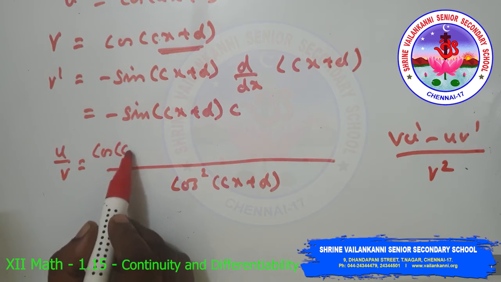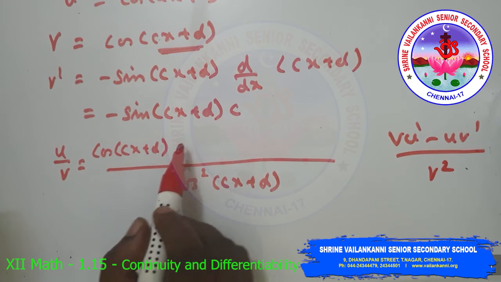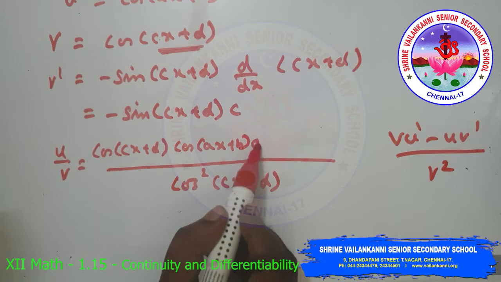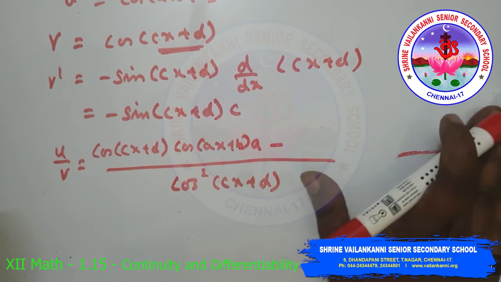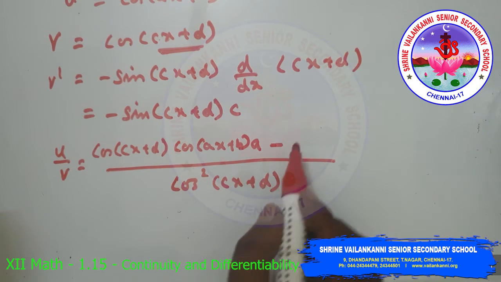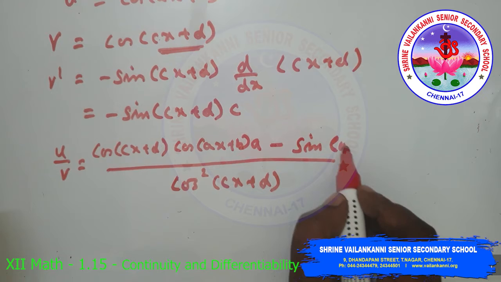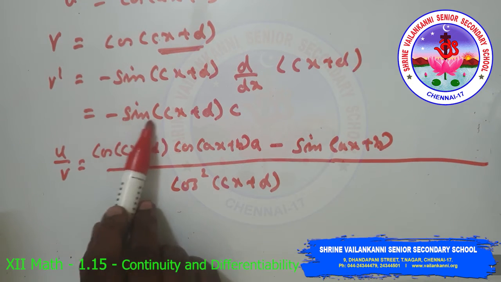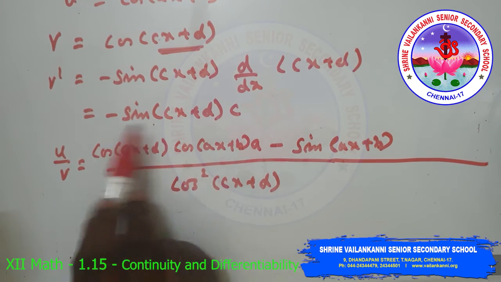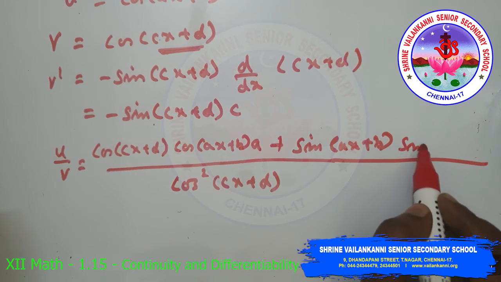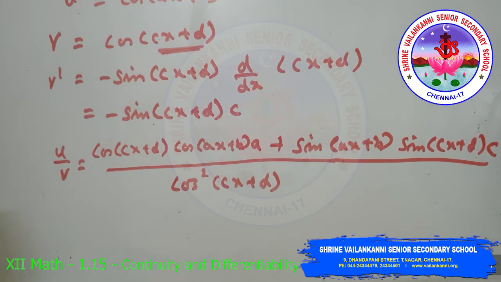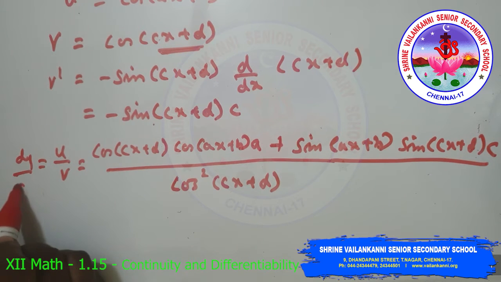V is cos of cx plus d, u dash is cos of ax plus b into a, minus u into v dash. U is sine of ax plus b into v dash, which is minus sine of cx plus d into c. So minus into minus plus, sine of cx plus d into c, which is dy by dx.